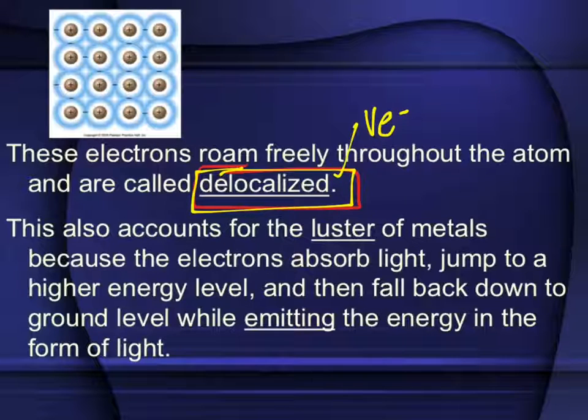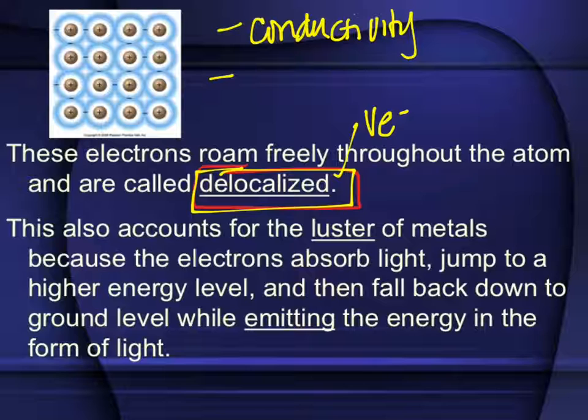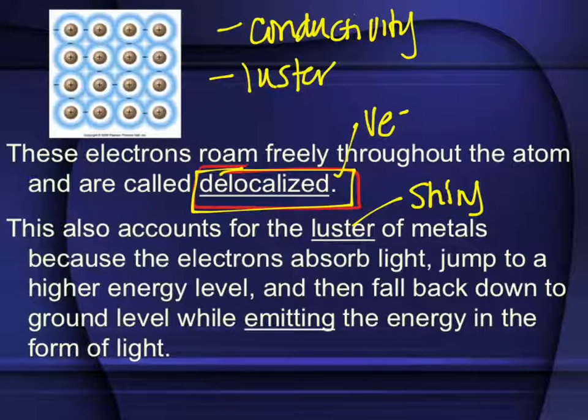So these delocalized electrons have to do with the conductivity of metals, like we just talked about, and they have to do with the luster of metals. What does luster mean? Shiny. So metals are shiny. And that's because these electrons are moving from one atom to another, and while they're moving, they're also gaining energy and losing energy.